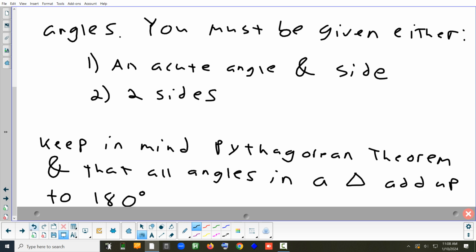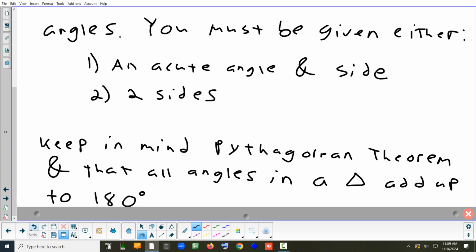So keep in mind as we go through this, the Pythagorean theorem is something we can use. And all the angles in a triangle need to add up to 180 degrees. That's another fact that will help us. Now, my general suggestion when you're trying to solve a right triangle: don't use something that you calculated to then try to find something else.